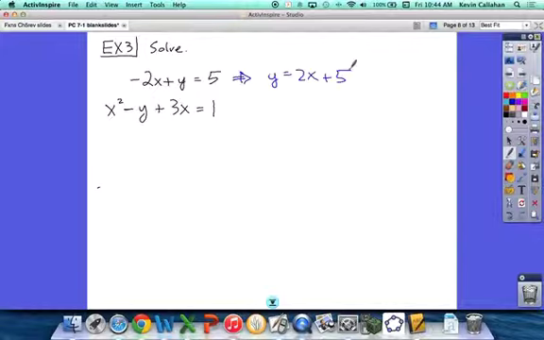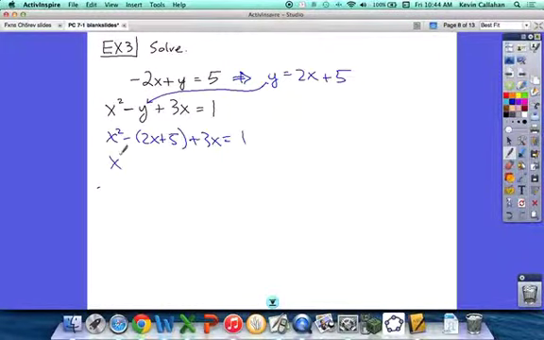There's our step 1. Step 2, plug that in here. So x squared minus 2x plus 5 plus 3x equals 1.